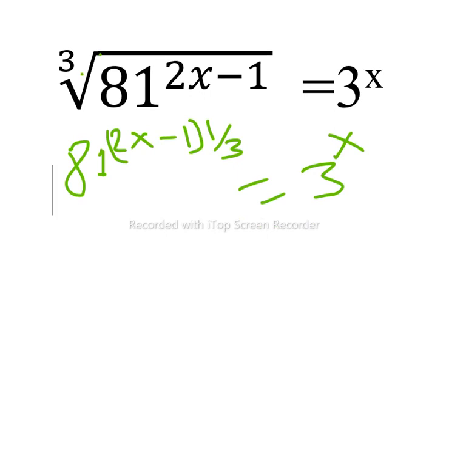81 is 3 to the power of 4. So we write 3 to the power of 4 into 2x minus 1, again to the power of 1 over 3. The right side, 3 to the power of x, we leave as it is.